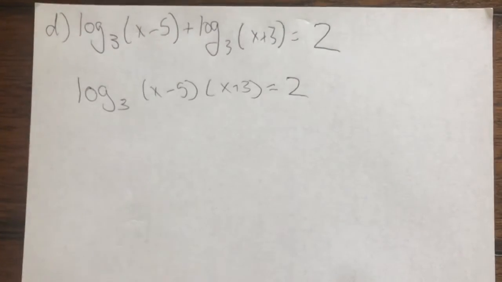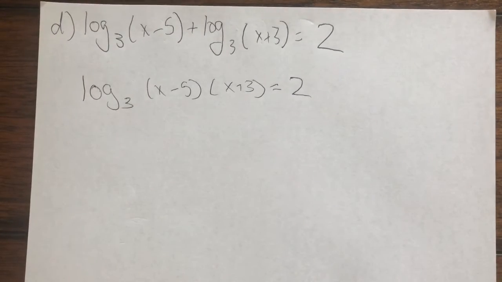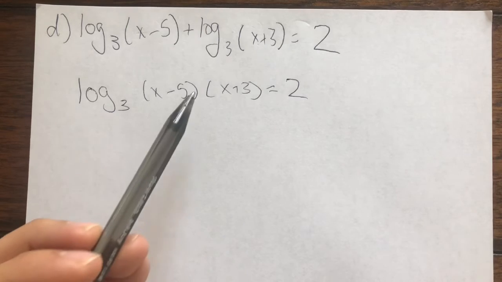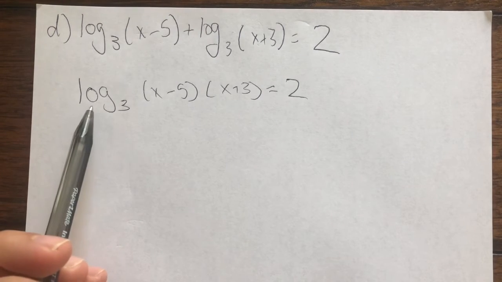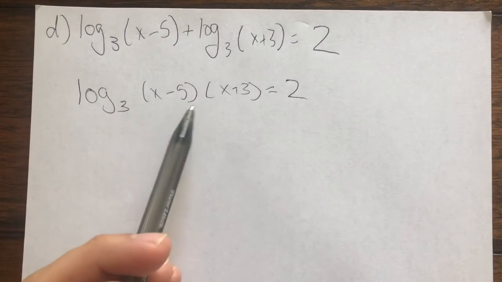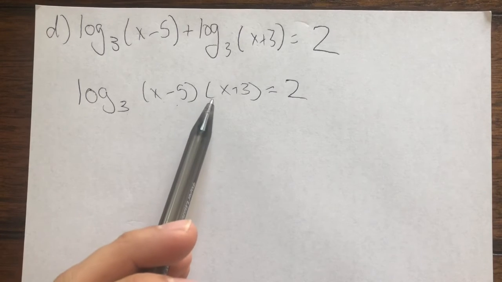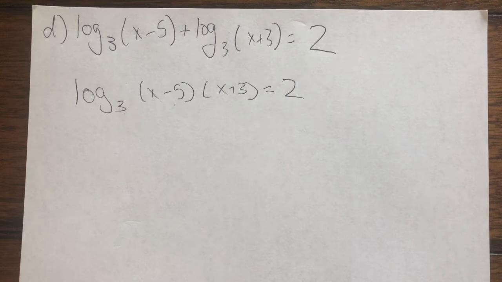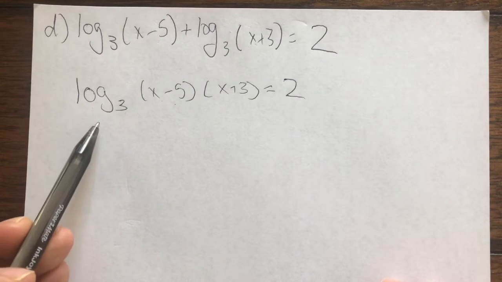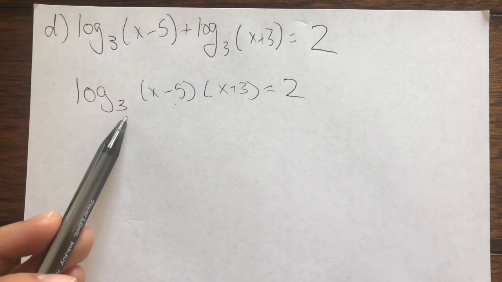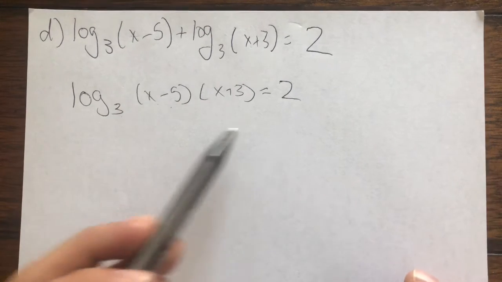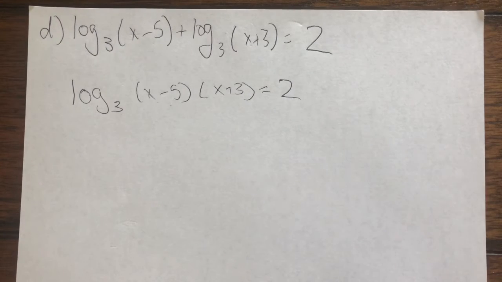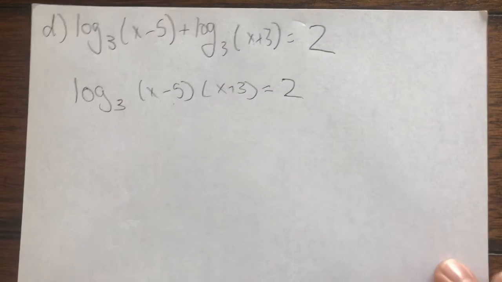Now I'm not going to FOIL this yet, just because now we have a single log. Since we already have a single log, we have a base, which is not 10, which is now a 3, and then we have the output equals the exponent, we can go ahead and convert it to exponential form.